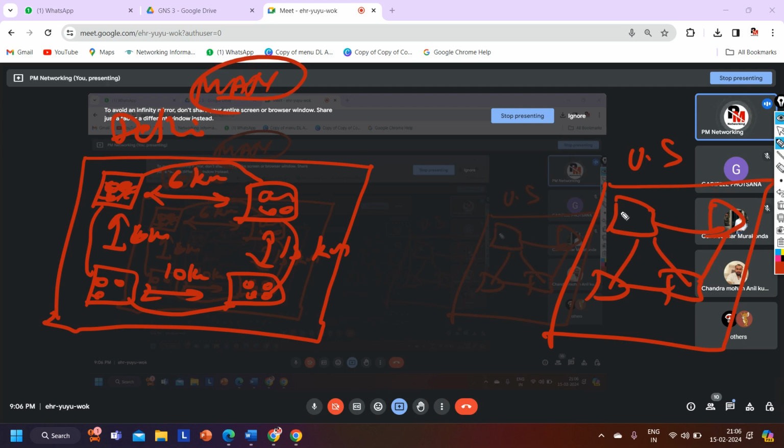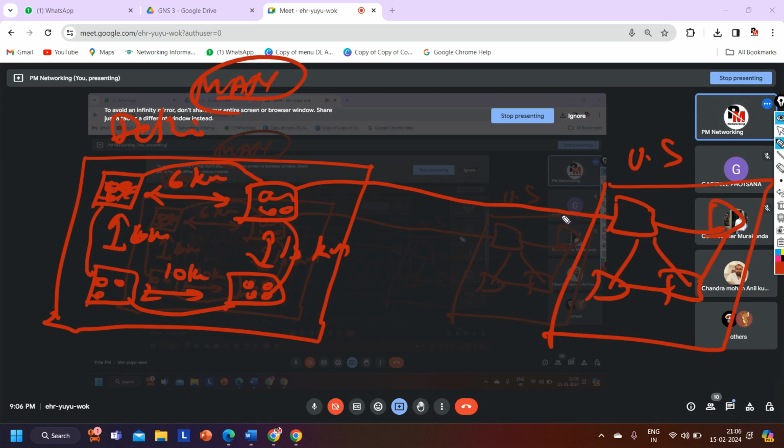Now, can these 2 branches communicate with each other, like the India branch and the US branch? No. Again, we need connectivity. Either I can connect these 2 networks together through a cable, but it will not be practical. It is not possible to connect India and the US through one separate cable.